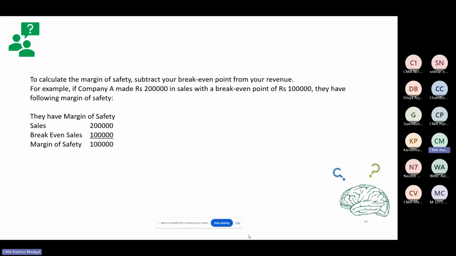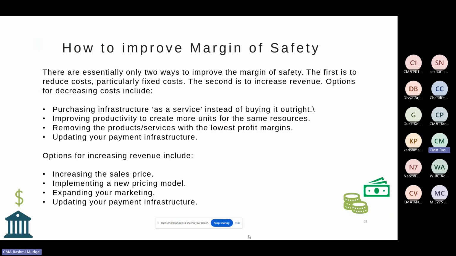So we can increase or decrease the margin of safety by taking only two steps. We do have only two steps. First is reduce the cost and second is increase the revenue. It will work for you at any time. It will work like a charm, that all the profit can be increased by increasing the revenue and decreasing the cost.